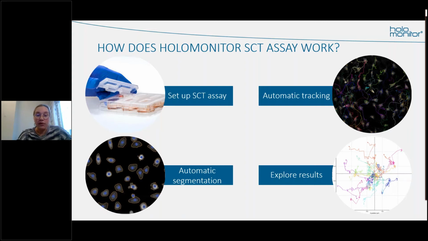Once the time-lapse is completed, the software identifies all cells in the image and creates a segmentation mask, which separates the cells from the background. Then the software automatically tracks the cells in the image and creates a multitude of results for you to explore. And of course, it's also possible to export all the raw data if you would like to explore the results even further.